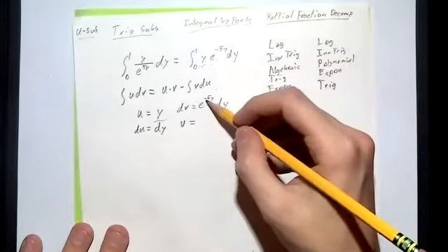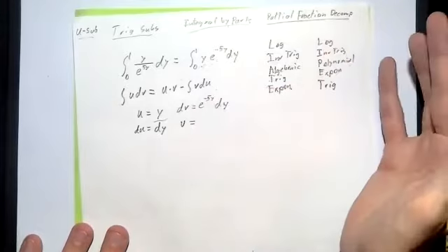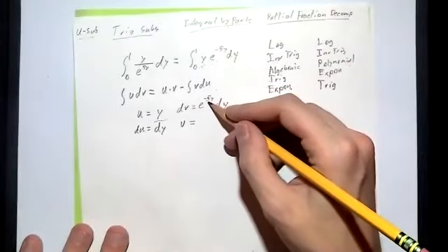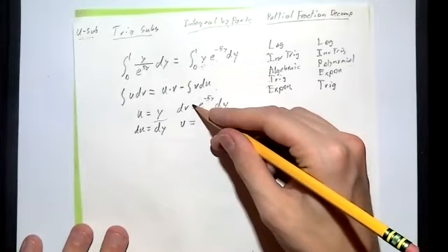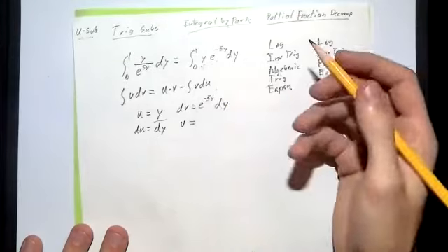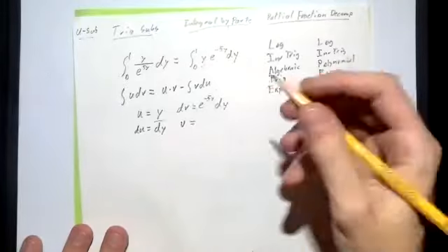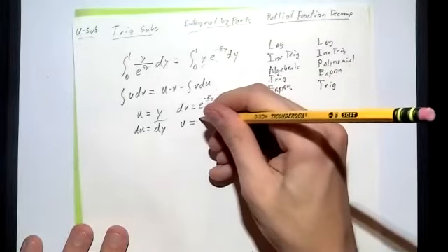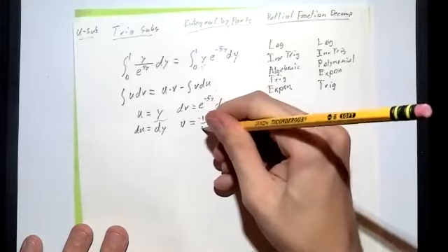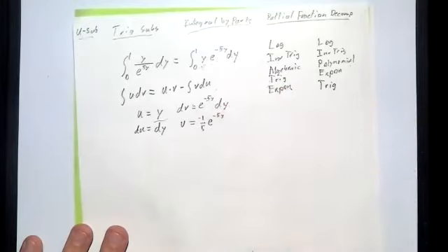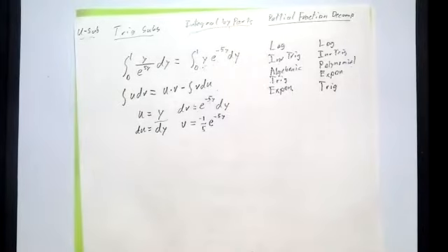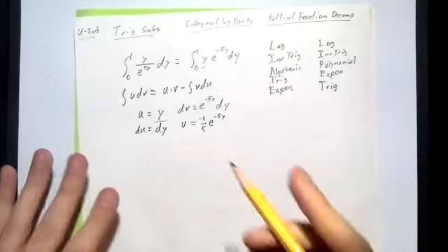When it's just a constant up top, I don't bother with it too much though. So since we know that taking the derivative of this would bring negative 5 down here, we have to instead divide by negative 5 because we're taking the antiderivative. So we get negative 1 over 5 e to the negative 5y. And don't worry about any plus c's right now because you can save that for the end of the integral. Of course, this is a definite integral, so we won't have that anyway.